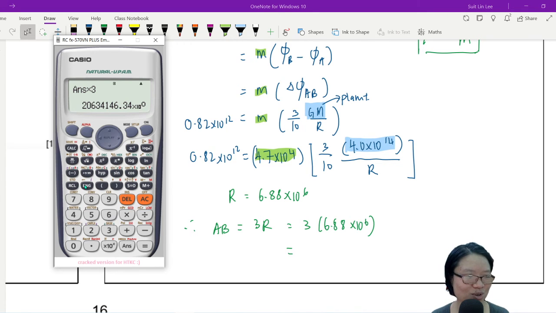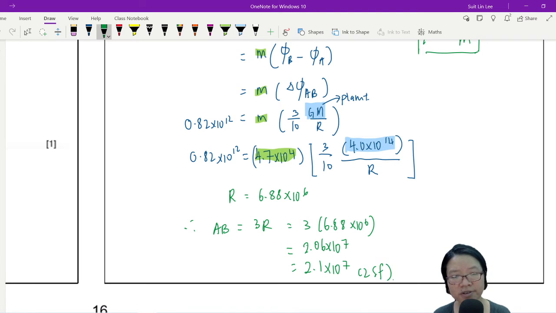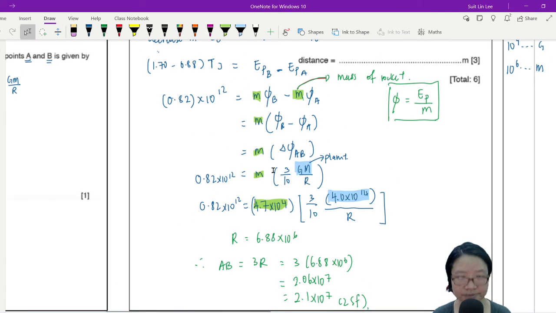I learned to use a normal calculator. Anyway, this one would be 20.6 times 10 to the power of 6. I guess 2.06 times 10 to the power of 7. So 2.1 times 10 to the power of 7 if you want to write it in 2SF.